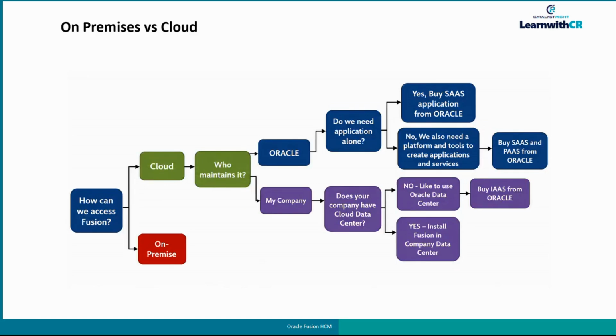Now, if I move to my next slide, you will notice I have also written who can access the Fusion system. As I mentioned, we have two models there, the cloud model and the on-premises model. Right now, the on-premises model is not in use. Primarily, we are using the cloud model. Why?